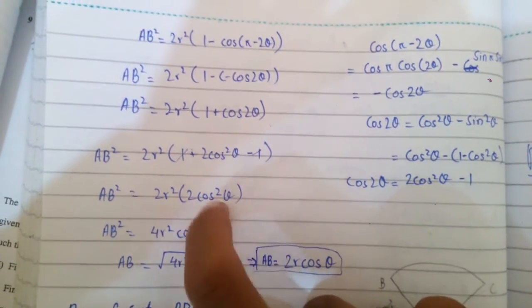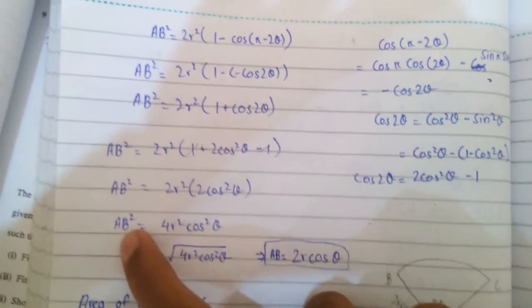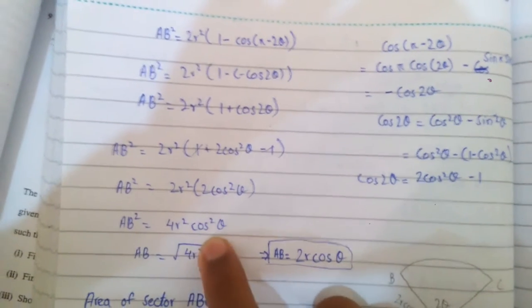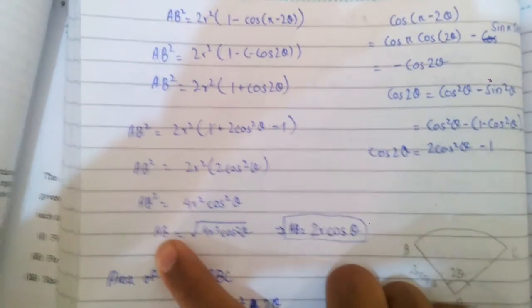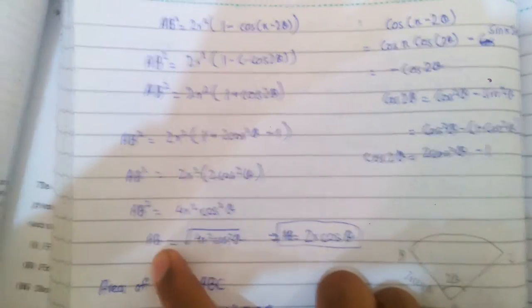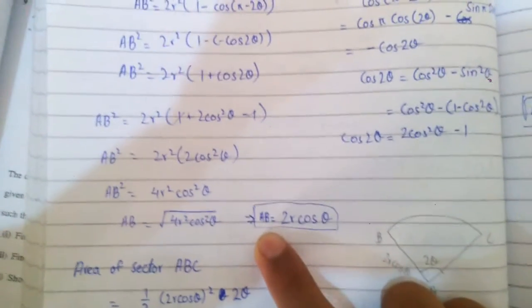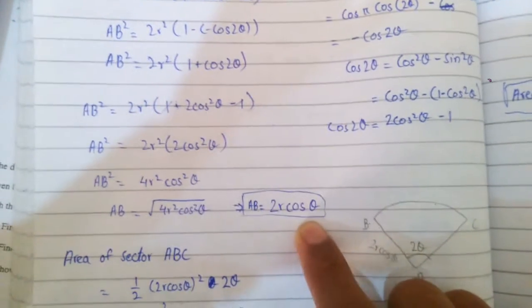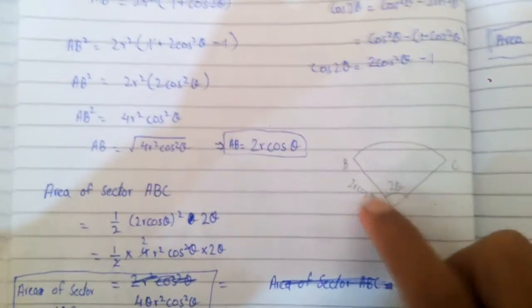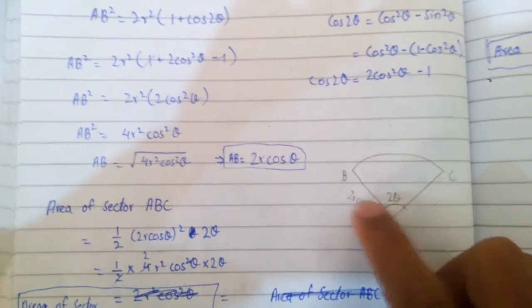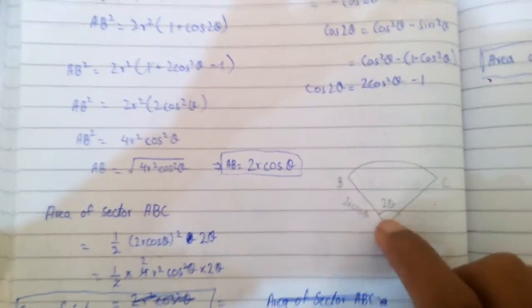We have 2 cos square theta, and we further solve it: AB square is equal to 4R square cos square theta. Taking the square root on both sides gives us AB is equal to the square root of 4R square cos square theta, which finally gives AB is equal to 2R cos theta. So now we know the side AB, which is 2R cos theta, and we know the angle.